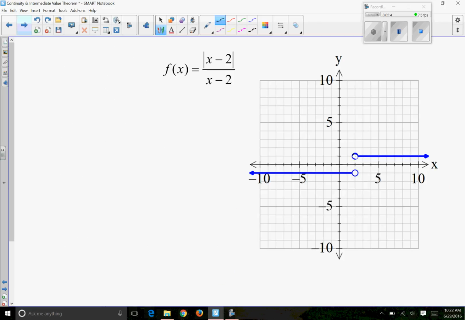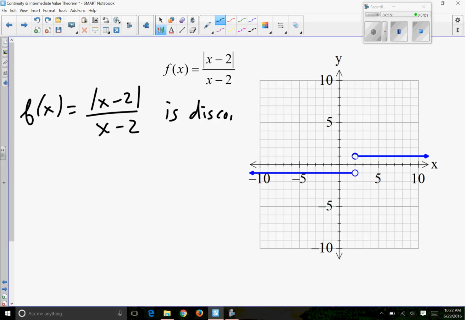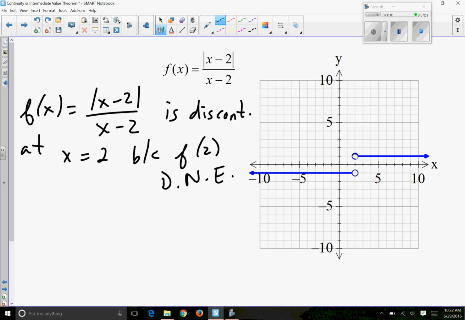This is an example of a function that is discontinuous at x equals 2. For the same reason, it's because f of 2 does not exist, but it is impossible to remove the discontinuity.